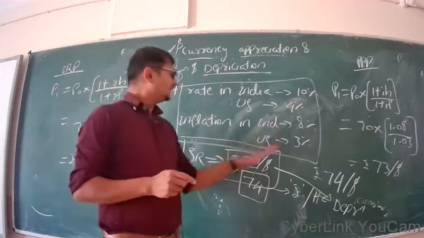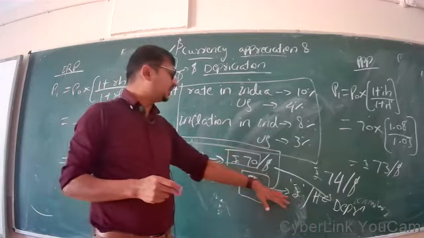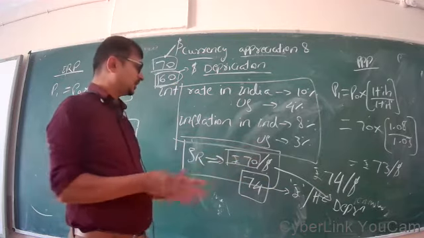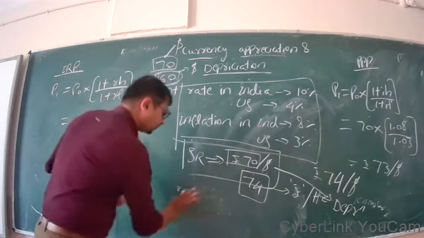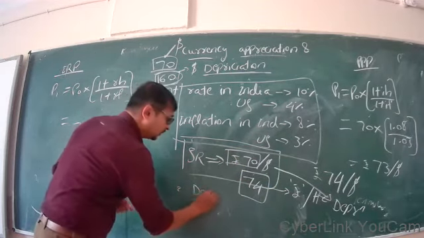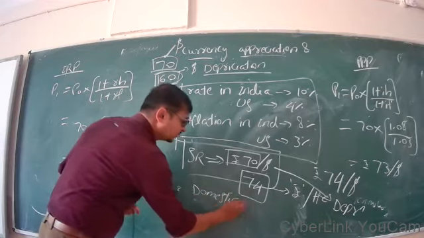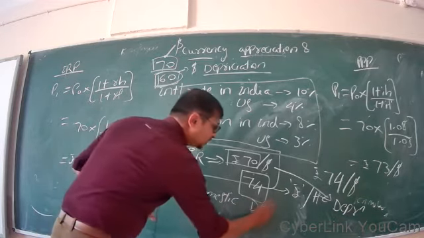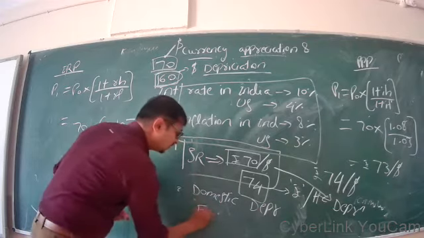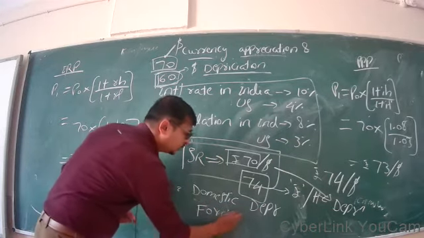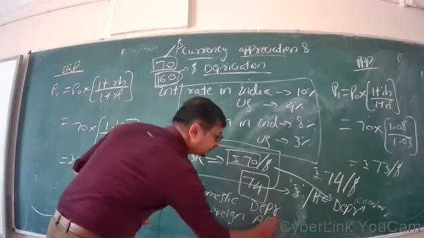What is the reason for rupee depreciation and foreign currency appreciation? In this case, the domestic currency got depreciated and the foreign currency got appreciated.